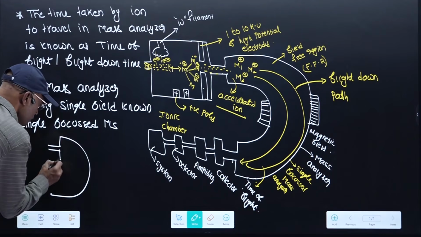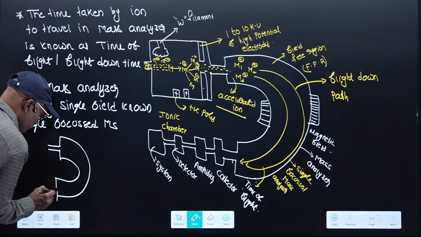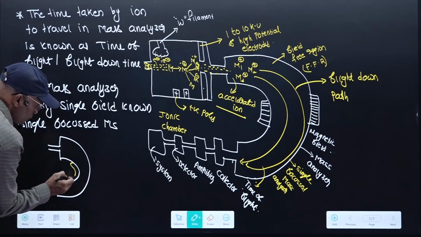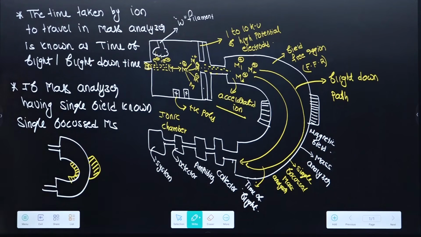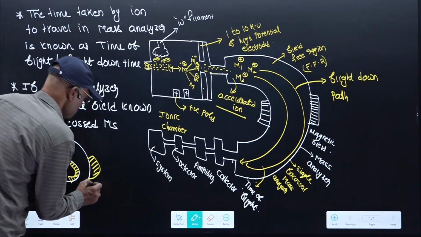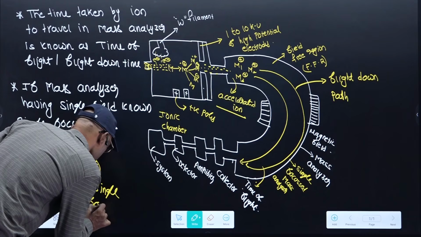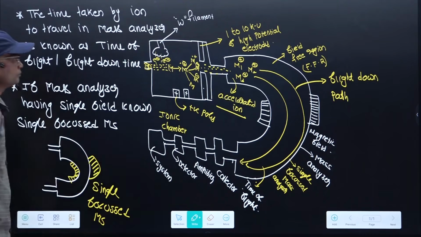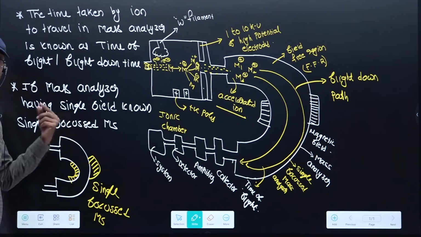So this is a mass analyzer. You focus on this inlet and outlet, and here I am using one field, the magnetic field. Same structure like this. This is called single focus mass instrumentation.